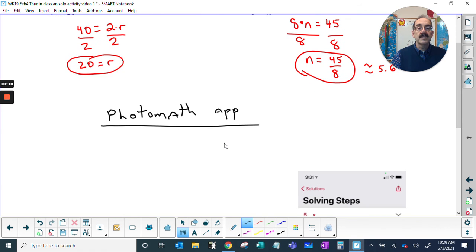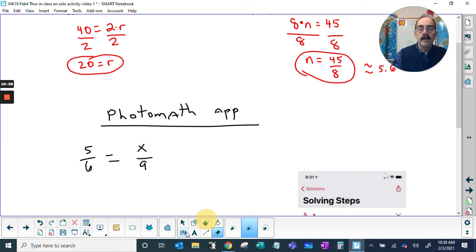So let's try one here. We're going to use 5/6 goes to x over 9. You need an example? Think of this. Let's do a rectangle.